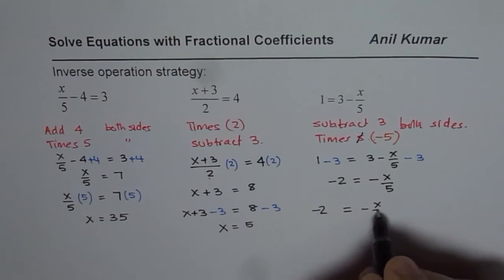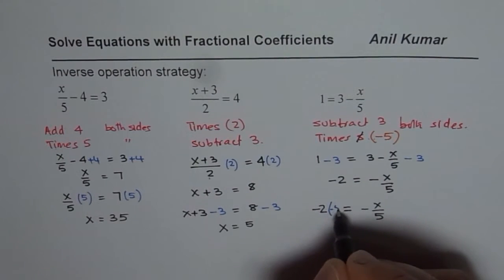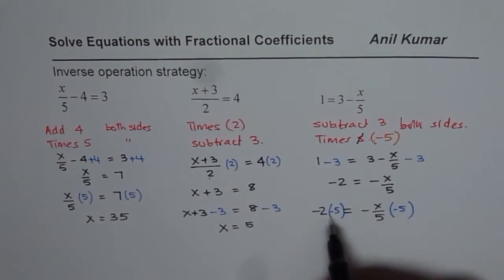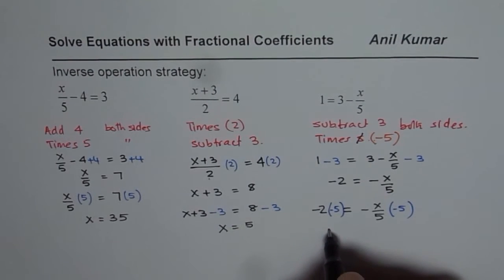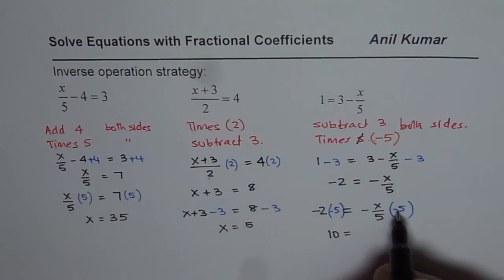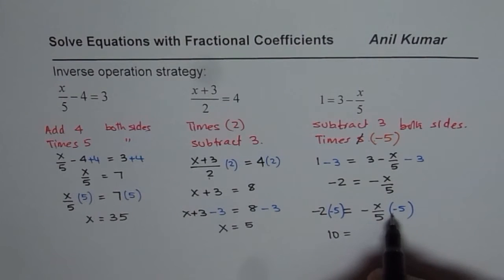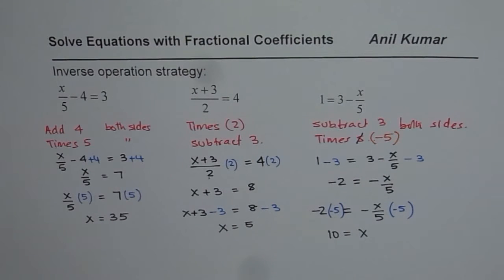So minus x over 5, we'll do times minus 5. This is not subtracting 5. This is times minus 5, right? So minus times minus is positive. So you get 10 equals, here minus 5 times minus x over 5 will become positive. So we get x equals plus 10, right?